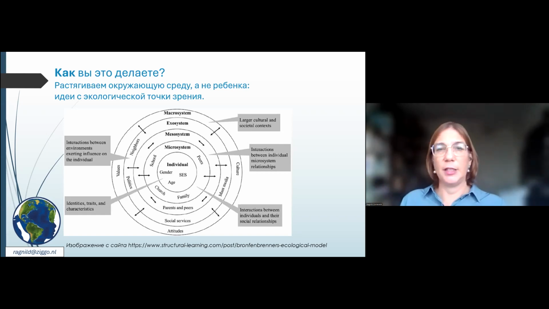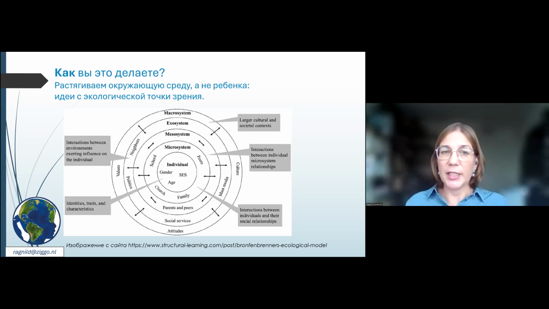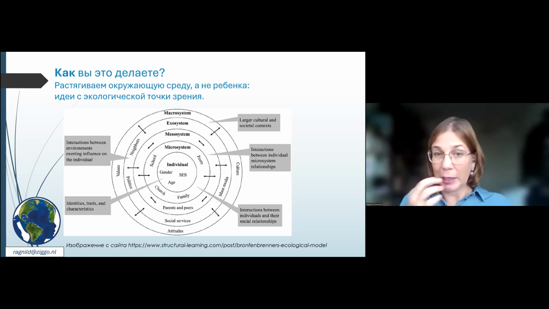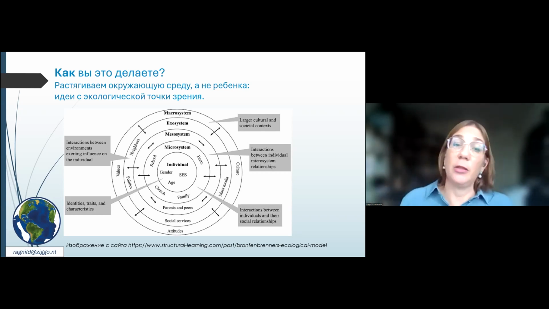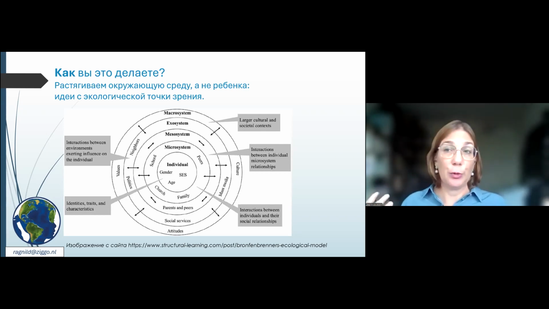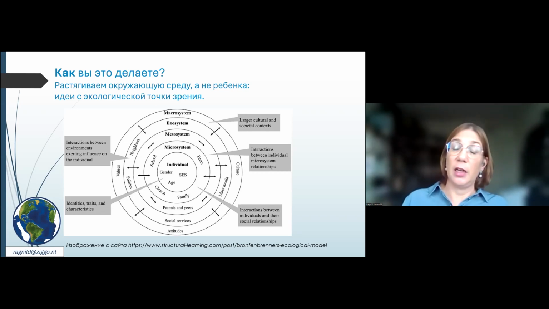And the last system is the macrosystem, and that's about the society, values in society, the culture a child is living in, the country a child is living in, and the attitude towards education, for example. So that influences, in the end, what possibilities a child has as well.